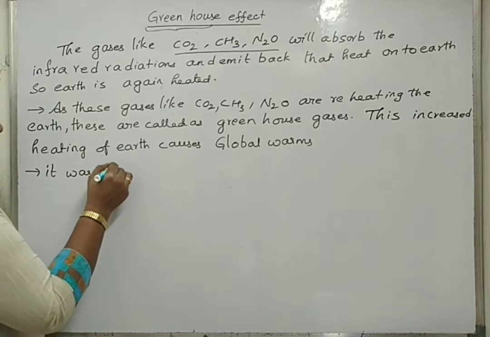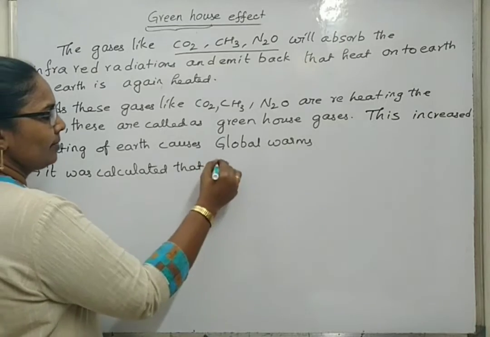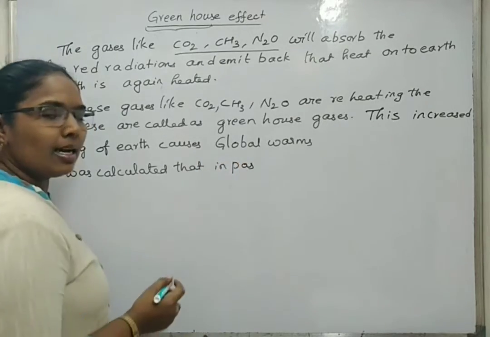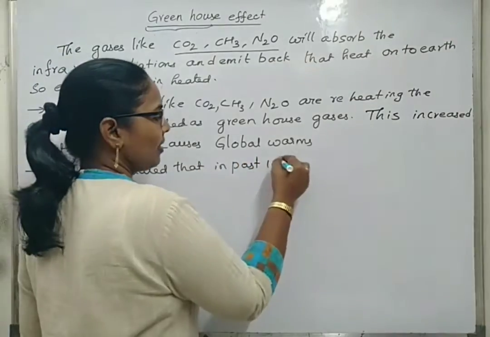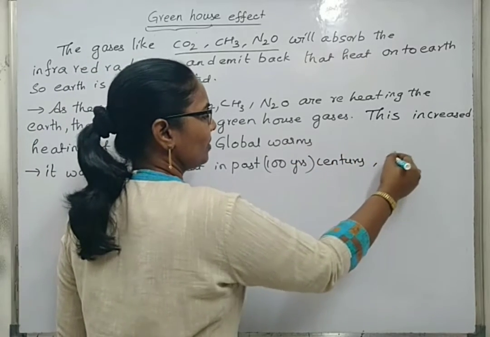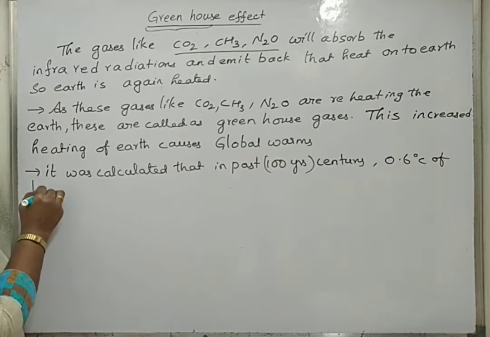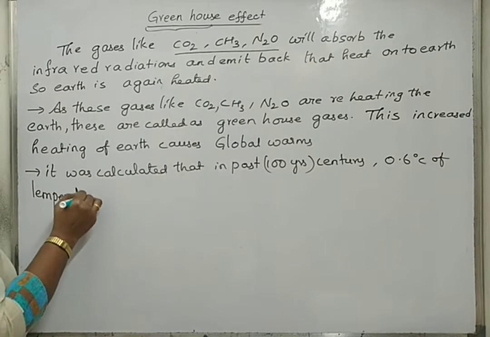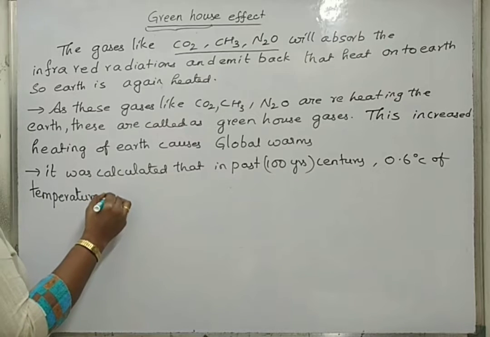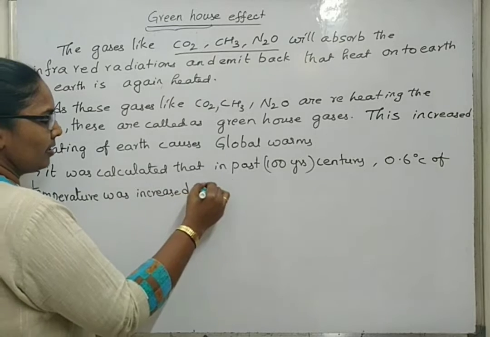It was calculated that in the past century, meaning 100 years, 0.6 degrees of temperature was increased in earth.